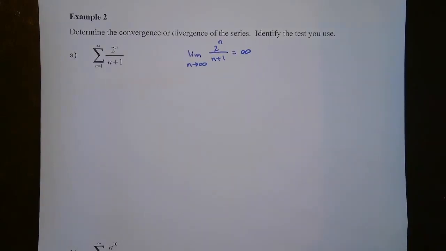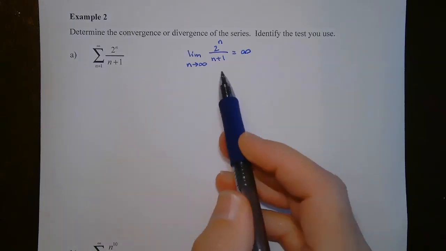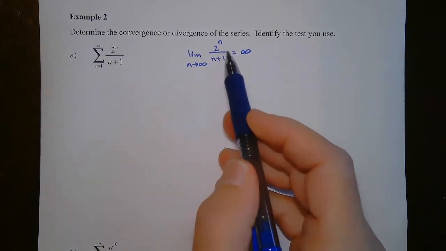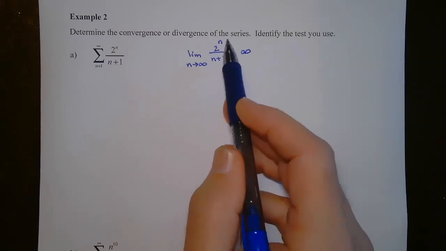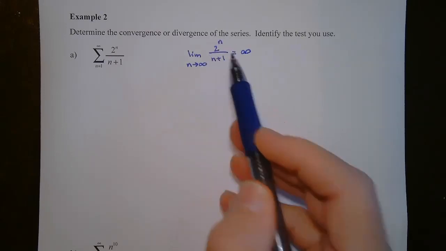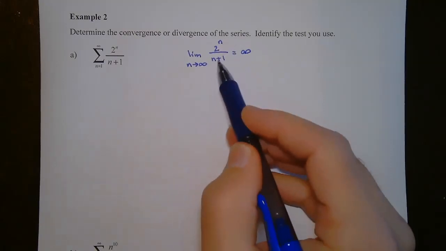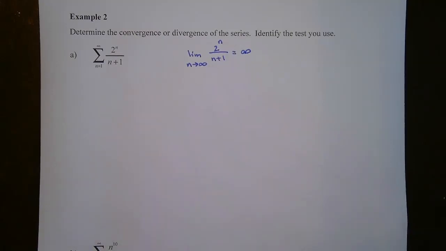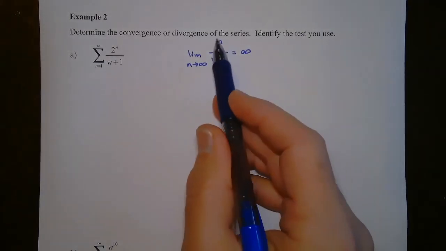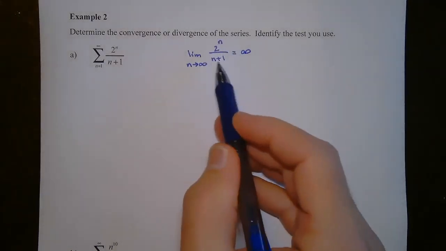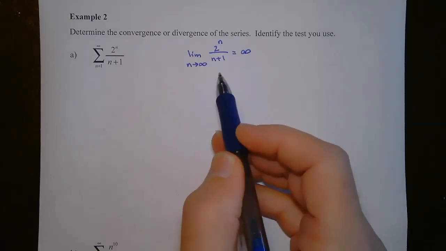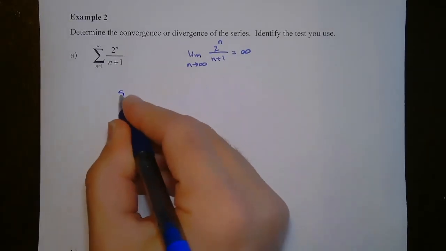If this doesn't go to zero, then automatically we know it diverges. Now, if it does go to zero, it can still diverge or still converge; we don't know. But we do know that if this does not equal zero, then for sure it diverges.